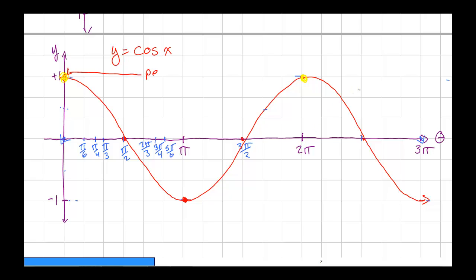So if I go from here all the way through to another point at the same height, that's called a period. So this would also be a period. The distance between those 2 points is the length of that period, so that's called 2 pi.